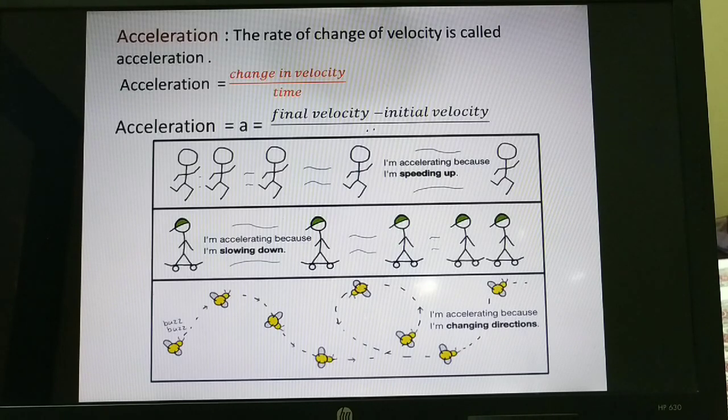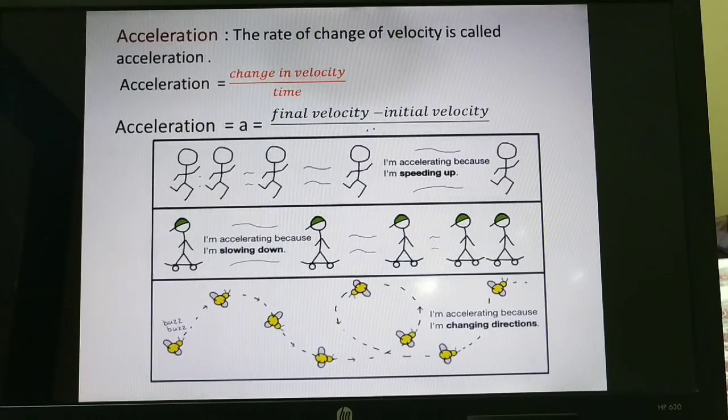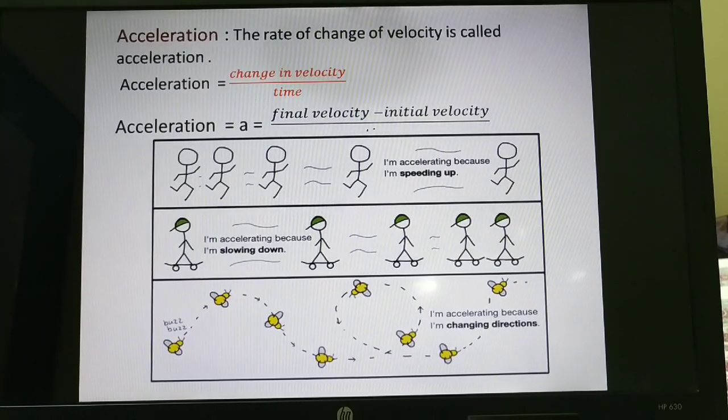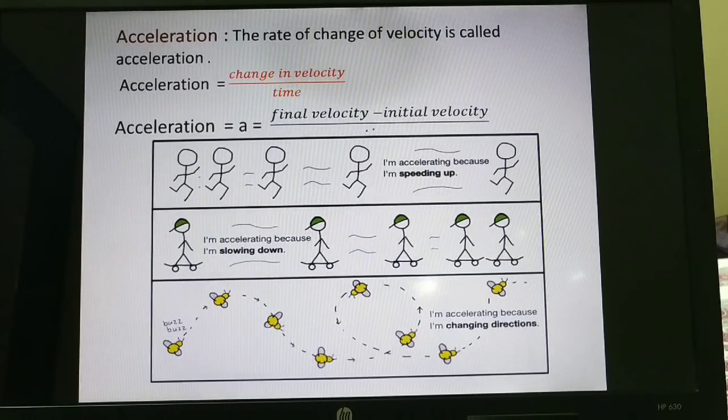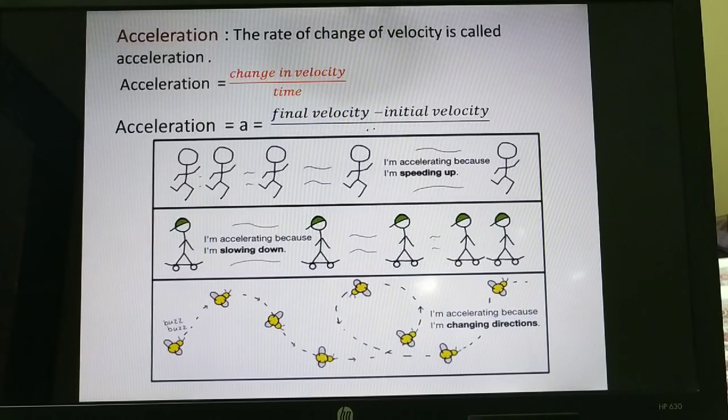Now what do you mean by velocity? The displacement of an object, that means when you are moving from one place to another. Suppose you have to travel from your school to Kankauli. The distance from your school to Kankauli might be around 5 kilometers.